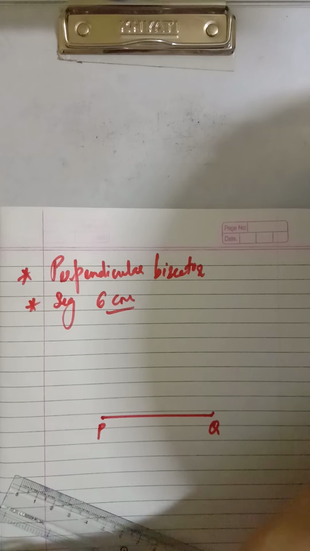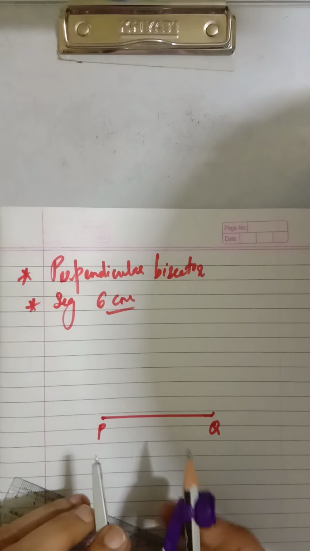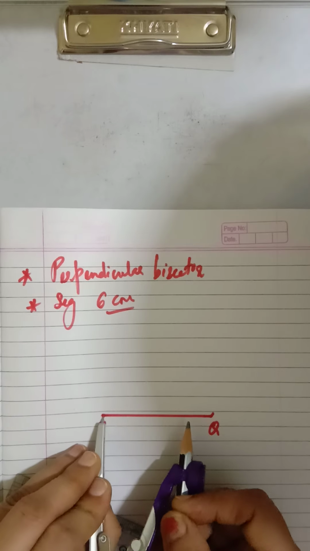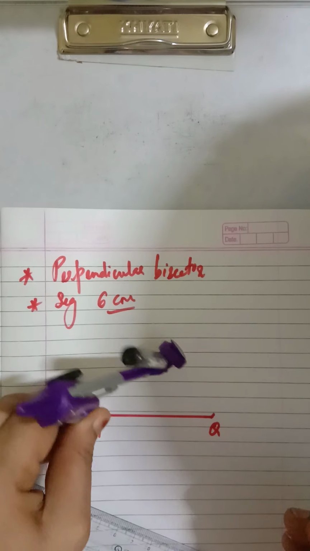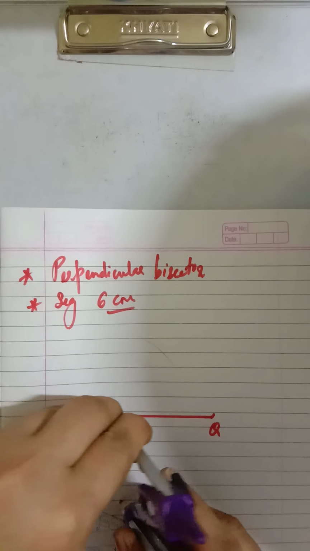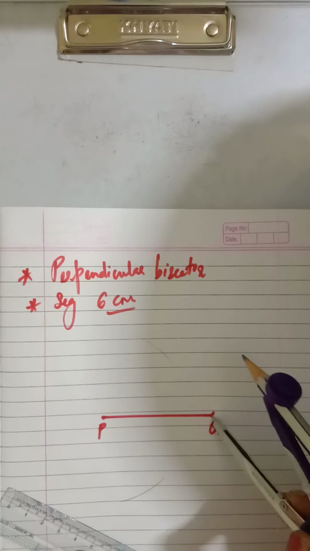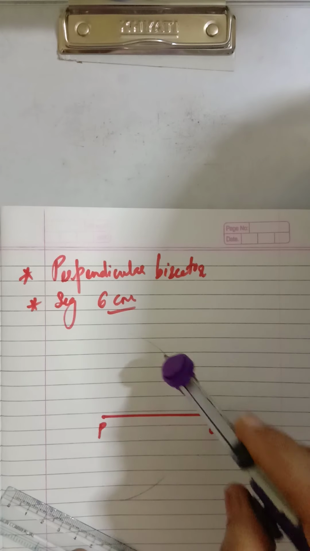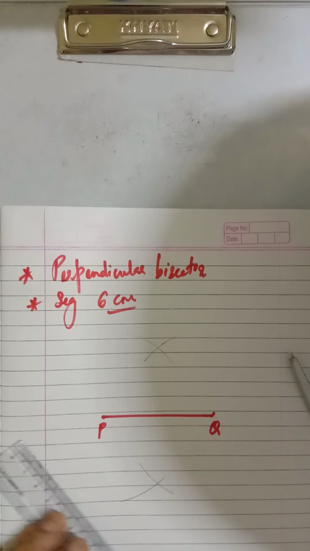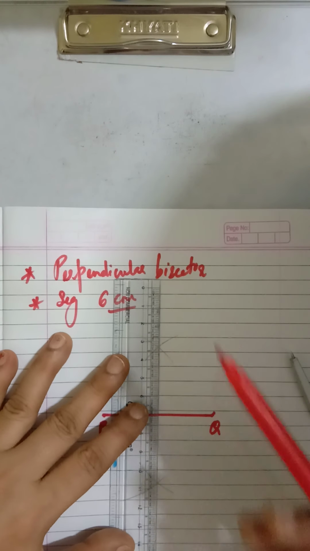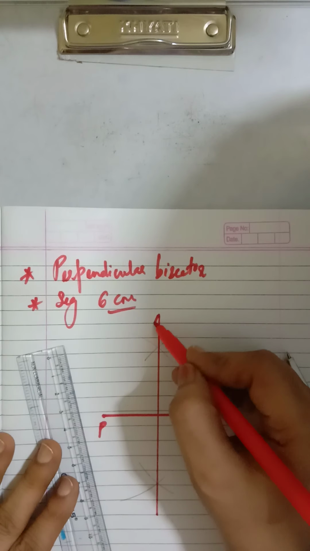After this you will take your rounder and you are taking radius more than half, and then you are drawing 2 arcs, one up and one down. Again change the end point of the radius, keep it on the other point and draw 2 arcs which intersect the previous arc, and then you are taking your pencil and then you are drawing this.